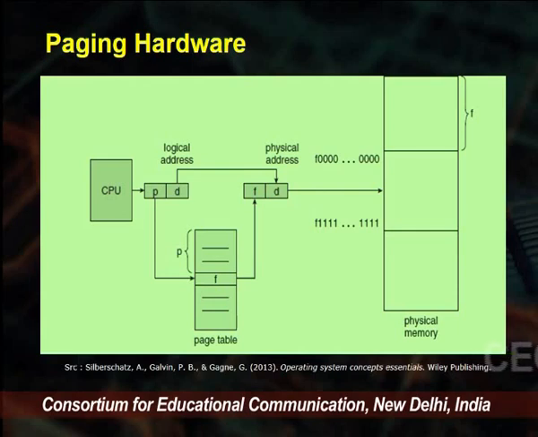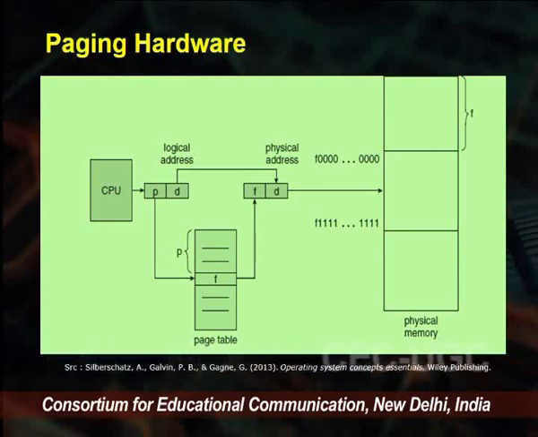The paging model is very important because it maps the logical and physical memory space. In the logical memory we have pages 0, 1, 2, 3, and in the page table, corresponding to each page number, is the location of that page. Page number 0 is at frame number 1.